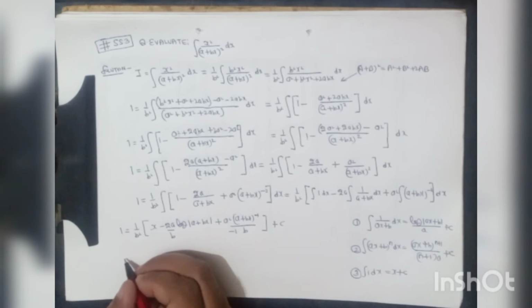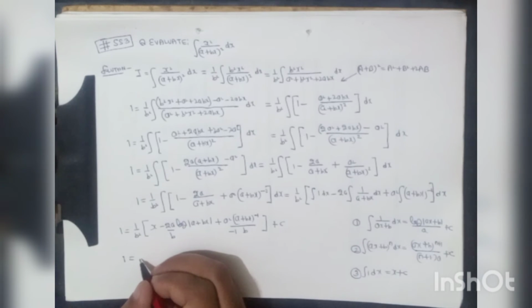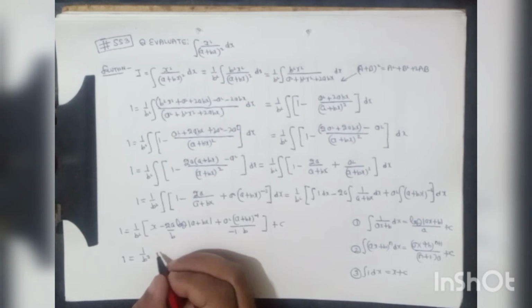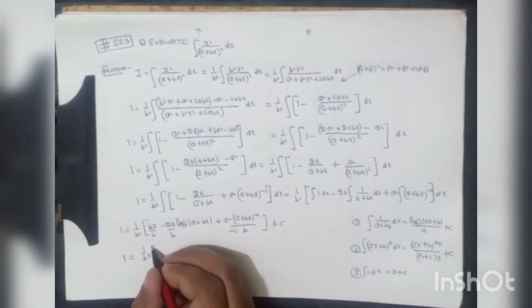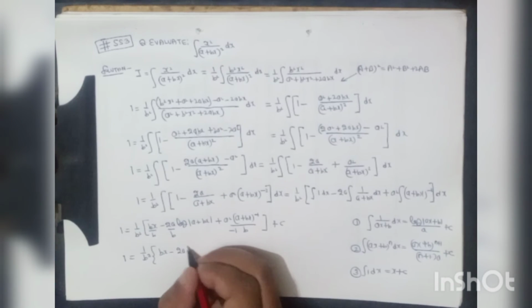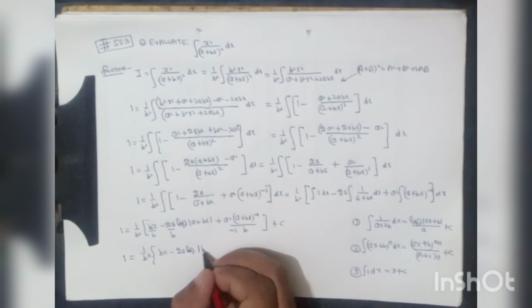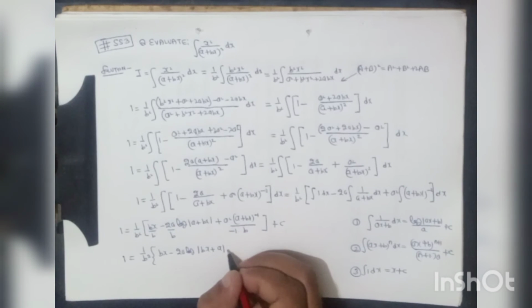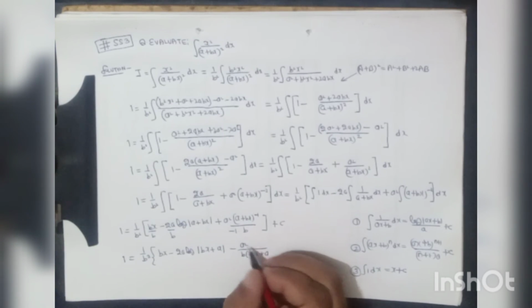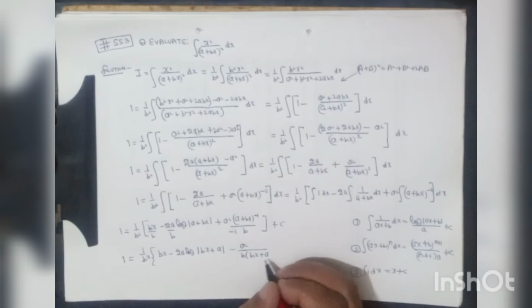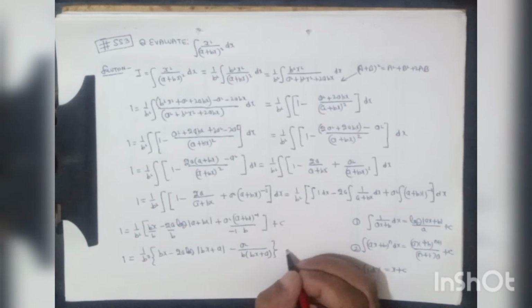So this may be written as I is equal to 1 upon b square, 1 upon b cube. This may be written as bx divided by b. So it will be 1 upon b cube into, in bracket, bx minus 2a log mod (bx plus a) minus a square divided by b into (bx plus a), plus c.